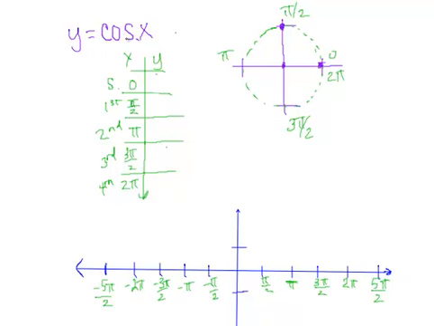All right, we're also going to do the cosine of x graph. So once again, here is my xy coordinate grid. Here are my independent variables, which are the angles that I'm concerned with. And then what do I get as the cosines, or the horizontal values of all of these angles?